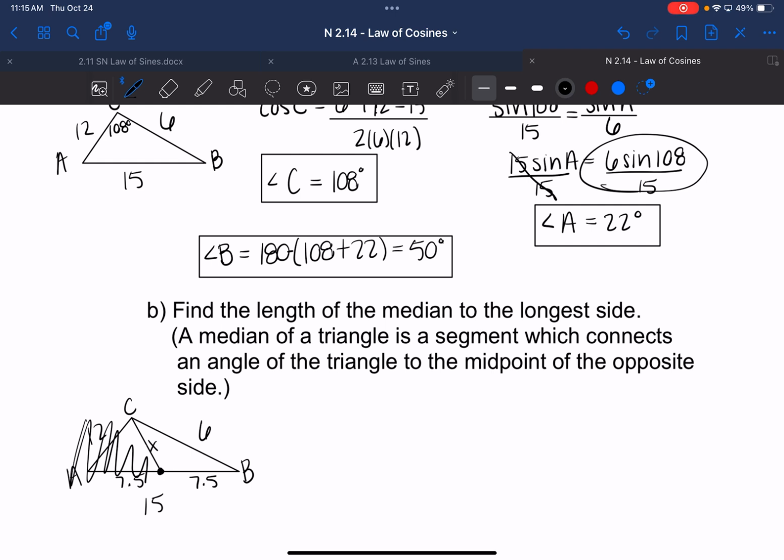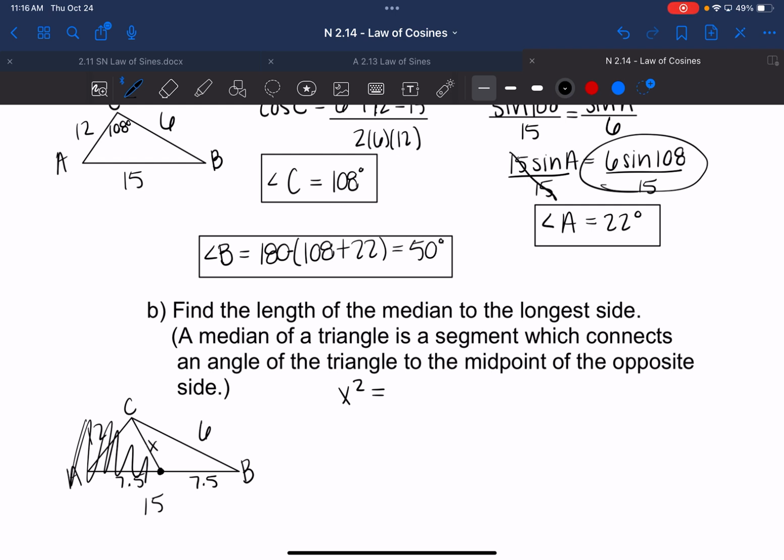Okay. So we're looking to find X. So I have a missing side, right? And that's the first formula from the front page. So my missing side is X. So I'm going to have X squared equals, what are my A and my B sides this time?